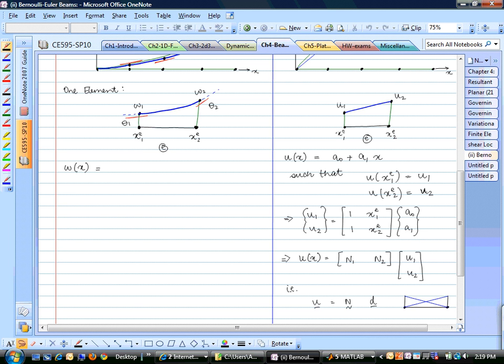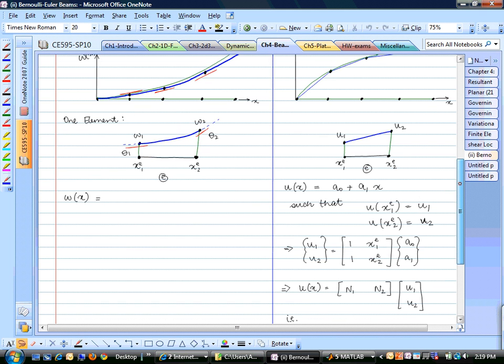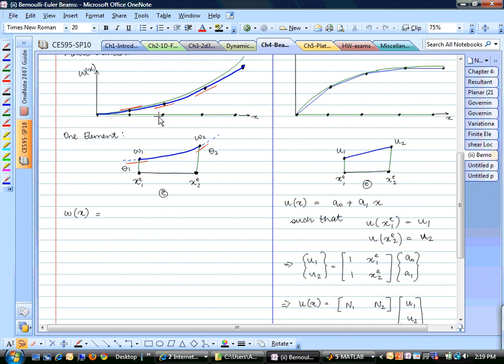But now for the Bernoulli Euler beam, the situation is a little different. If you consider one element here, not only do we need to enforce that the displacement matches, but also that the theta, that the rotation at the nodes also matches. So we will have a total of 4 conditions, meaning displacement and rotation at this point, displacement and rotation at this point.